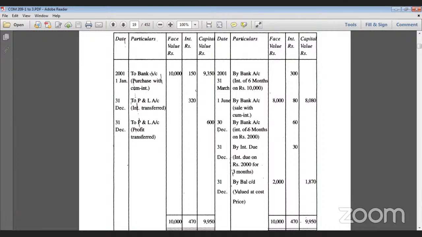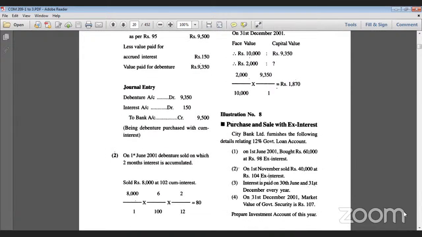The same treatment applies with the sale: 8,000 for 80, and cum-interest, so it will be 8,080. Afterwards, sale account and purchase account are totally reversed entries, and the P&L profit transferred is 600, which will be on the debit side, so it will be transferred to P&L. So these are the entries which we make in the investment account.